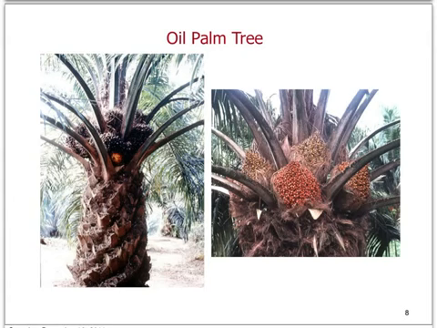The tree is still not very tall, so you can see the fruit bunch between the fronds like this. So you have to be very careful because there's a sharp thorn between the fruit bunch. If you're not careful, you can get your fingers or your hand injured.